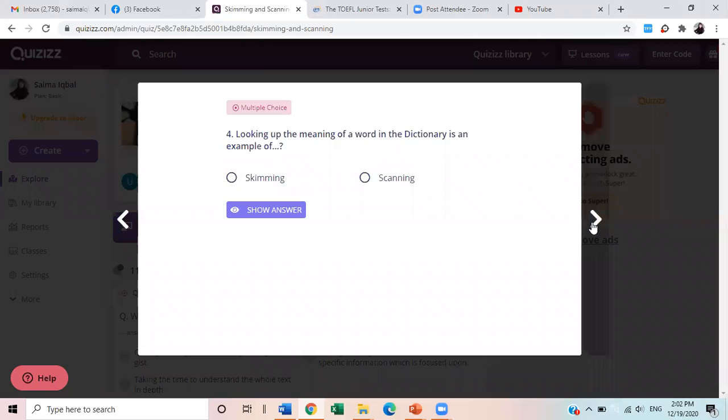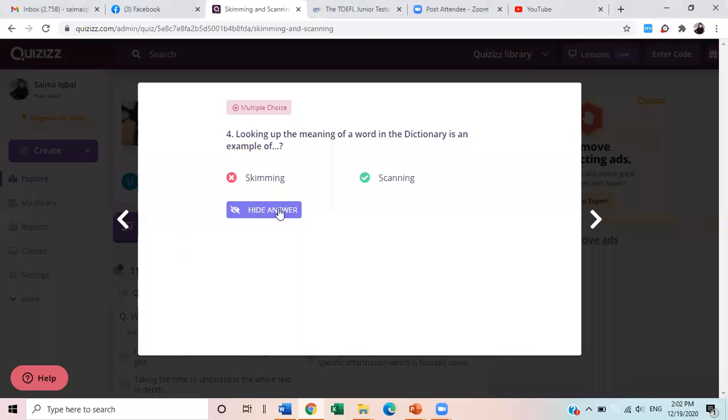Next. Looking up the meaning of a word in the dictionary is an example of skimming or scanning? Write in the chat box, skimming or scanning.